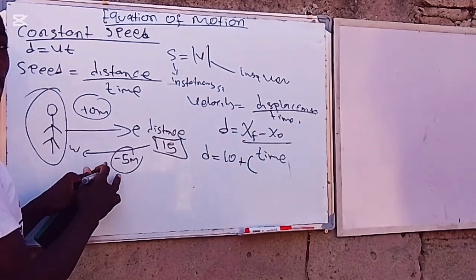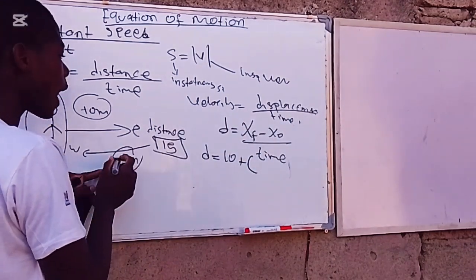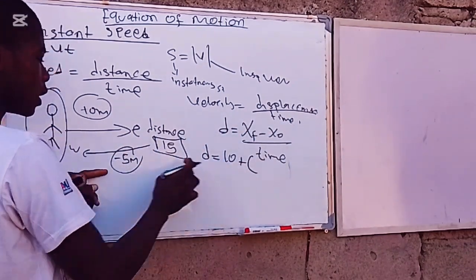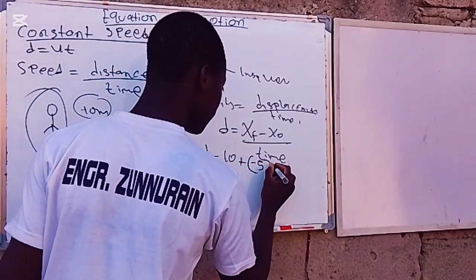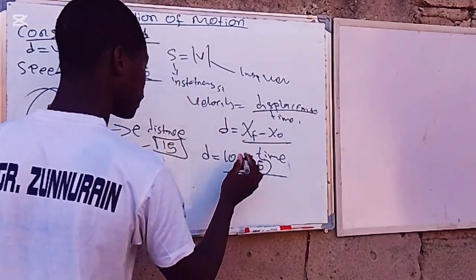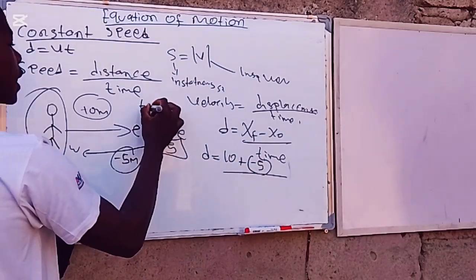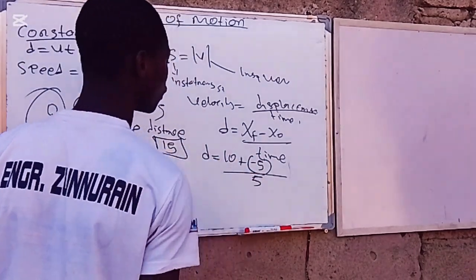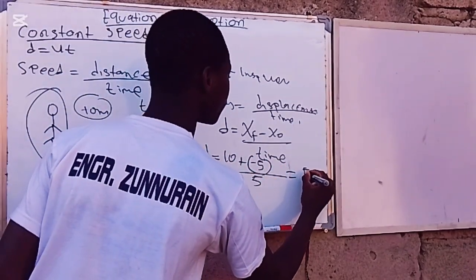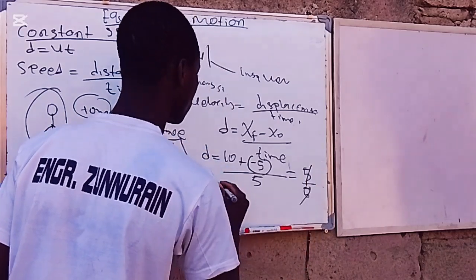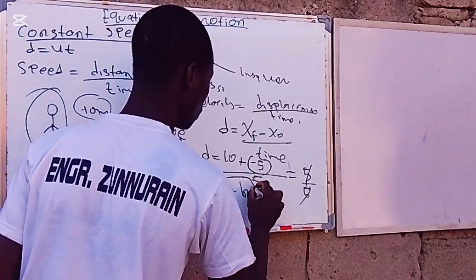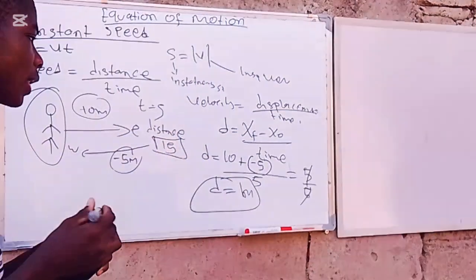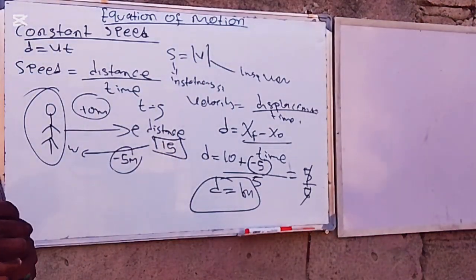This is the initial, but the reason why plus the initial is that the initial is negative, so negative 5, divided by the value of the time. Let's suppose the time is 5. So 10 minus this will give me 5 divided by 5. So the displacement should now be 1 meter. So this is the main difference between the displacement and distance.